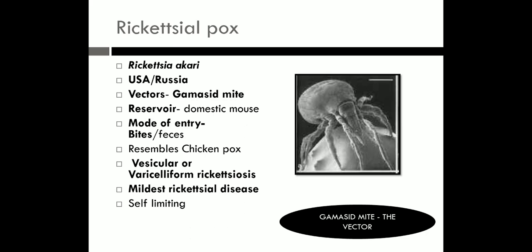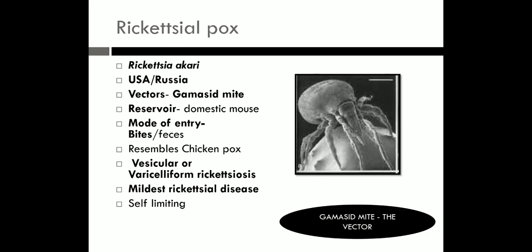All of the ticks are parasitic, but mites, some of them are free living and some of them are parasitic. Usually ticks lay their eggs on the ground in cracks or under the rocks, whereas mites usually lay their eggs in tunnels at the site of infection on the body of the host.